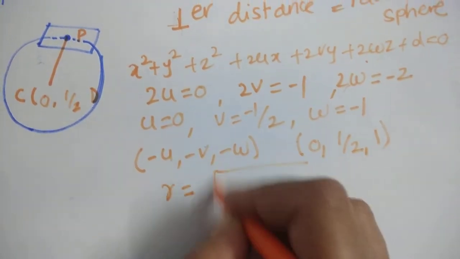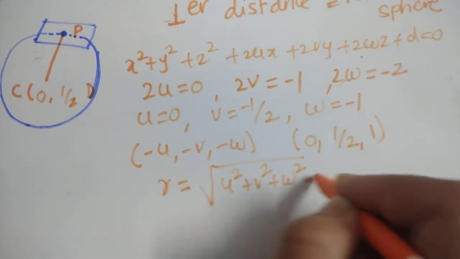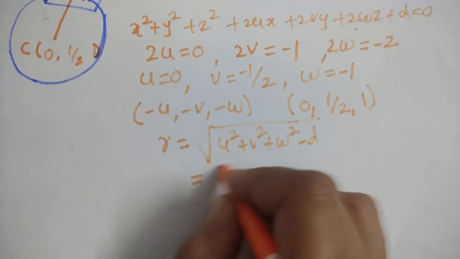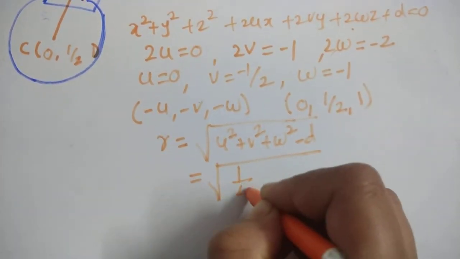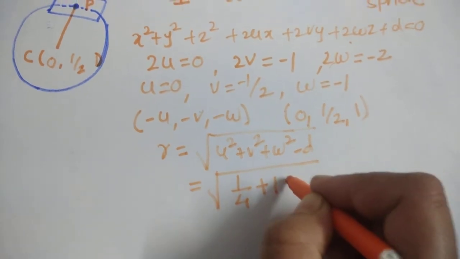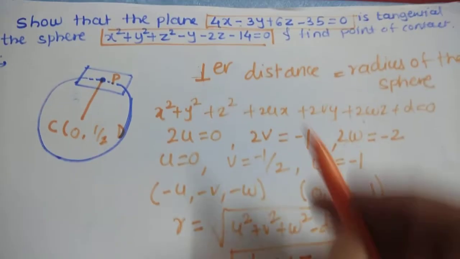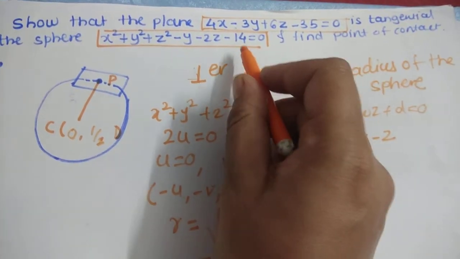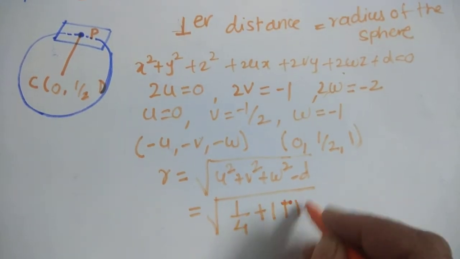So the radius is under root u square plus v square plus w square minus d. Putting the values of u, v, w in this, we get 0 square plus 1 by 2 square, which is 1 by 4, plus 1, and minus d. Here in this example d is minus 14, so minus minus becomes plus 14.